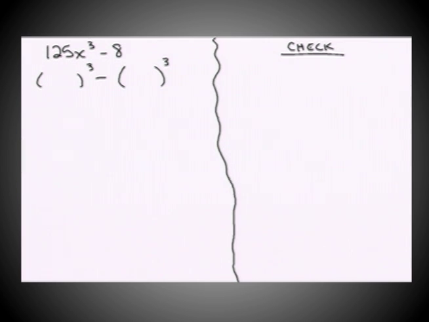Well, 5 cubed is 125. And x cubed is obviously x cubed, so the monomial that we will cube is 5x. Moving on to the 8, we know that when we cube 2, that gives us 8. So we've just verified that that binomial is actually a difference of cubes.